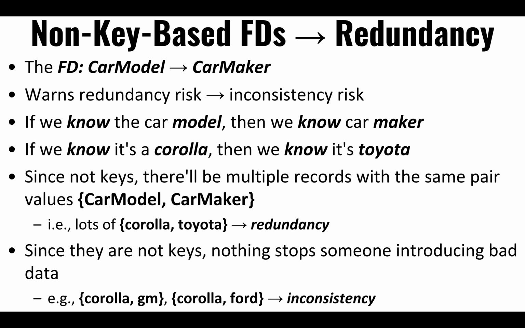That Corolla and Toyota, we could inadvertently, for instance, introduce the fact that Corolla was made by GM, or that the Corolla was made by Ford, right? And that our choice of modeling leaves us no way to enforce or to identify these errors.